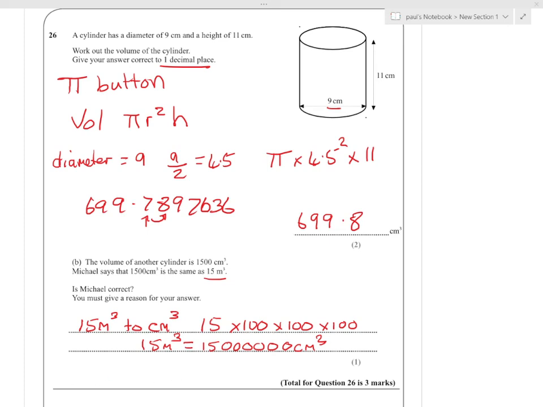So what's the reason behind that? It's because it's cubed. Because it's a volume. You times by 100 3 times.